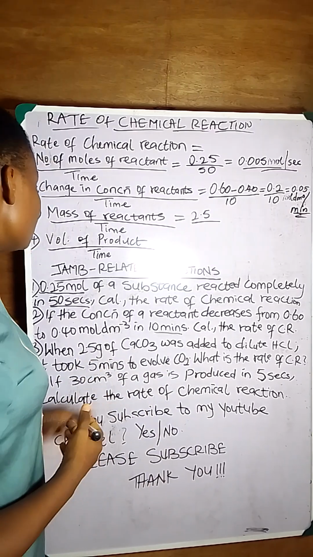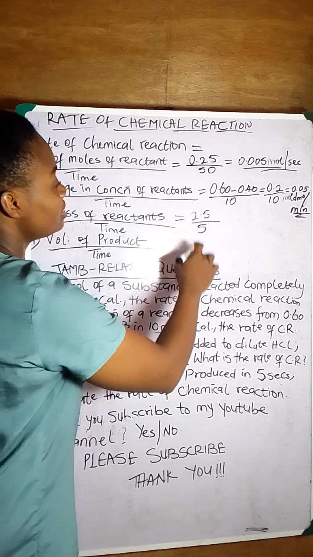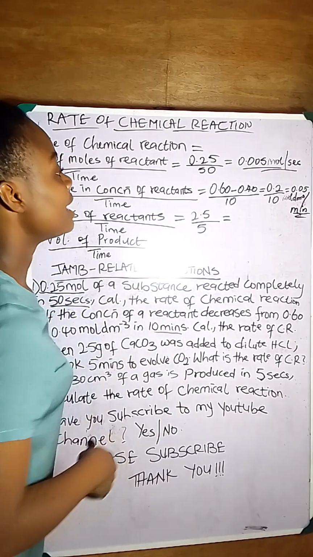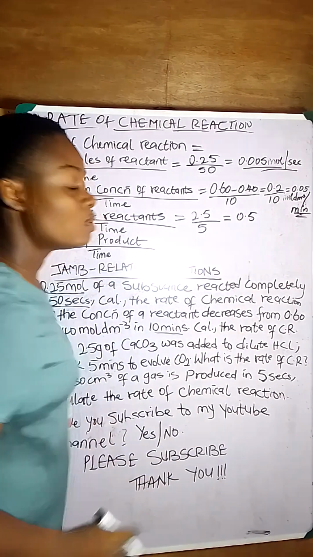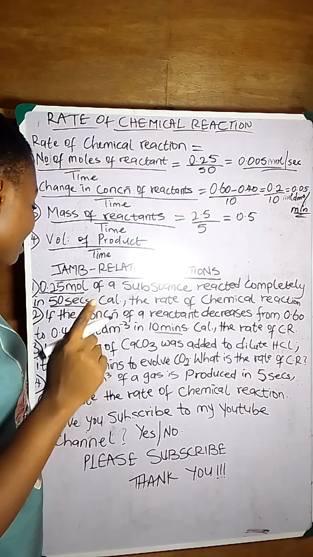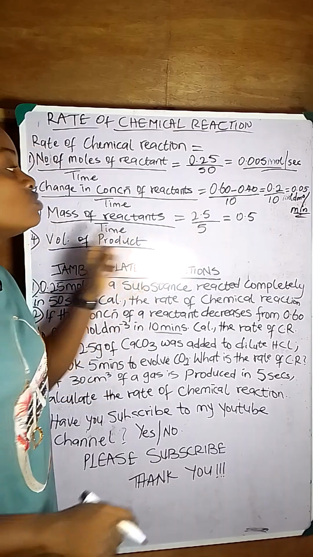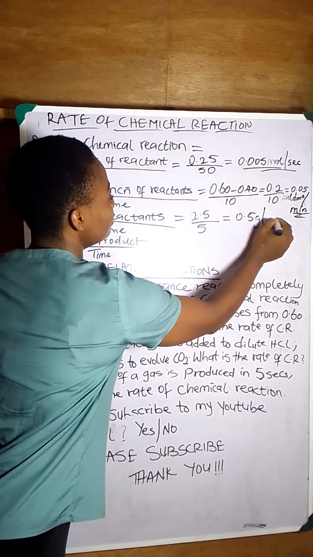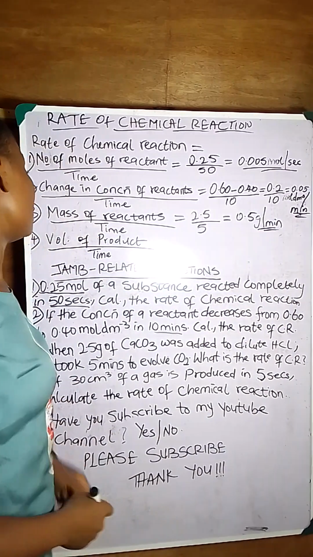The time is what? 5 minutes. 2.5 divided by 5. When you press your calculator and divide, you'll be having your answer as 0.5. Now, what is the unit of rate of chemical reaction? Very, very important. This one is in gram and this one is in minutes. So the unit will be gram per minute. Beautiful. So I'll write gram per minute. Okay? So that is it.